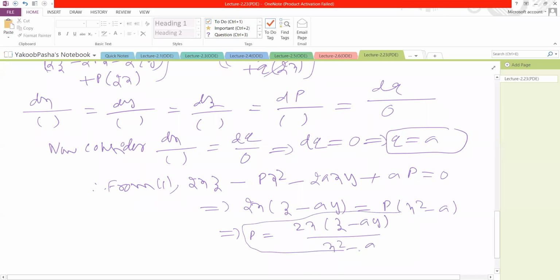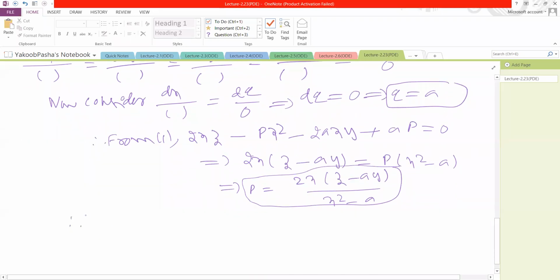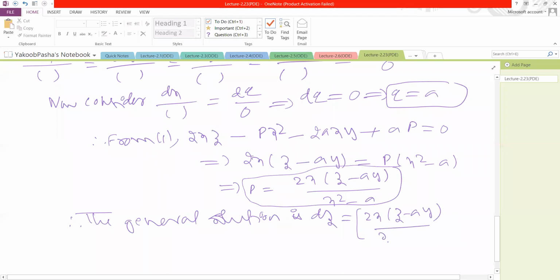We have p value and q value. Therefore, we can write the general solution. The general solution is dz is equal to p dx plus q dy. P equal to this value, 2x into (z minus ay) by (x square minus a) into dx, plus q dy, that is a into dy.